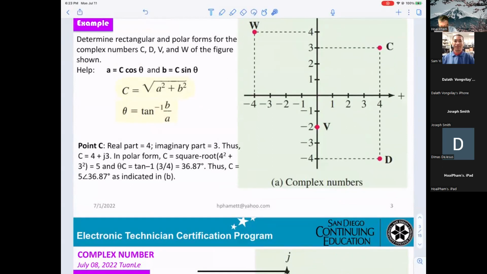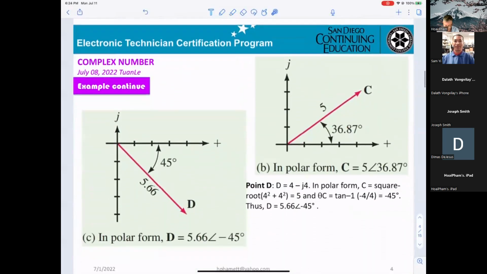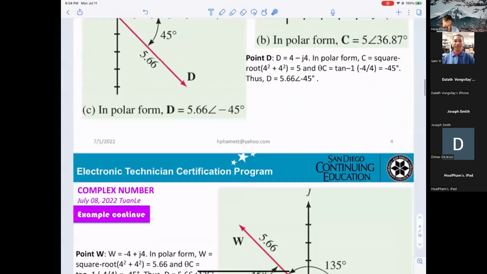Okay, last one. V, right here. So that's 0 minus J2.